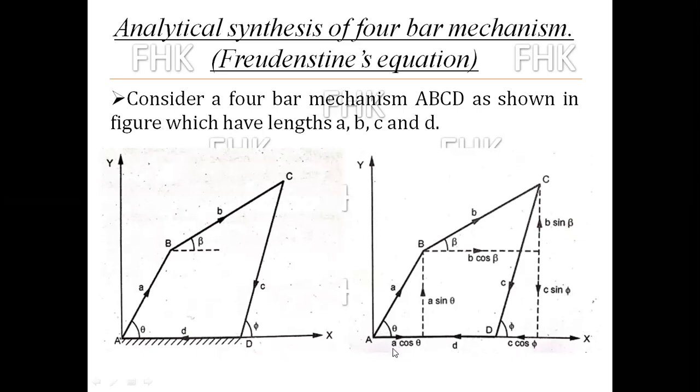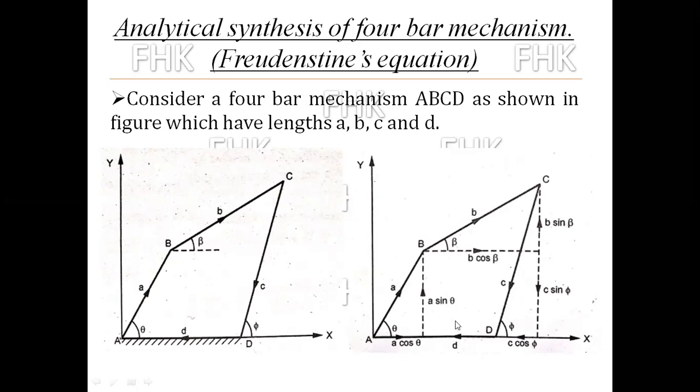Okay. So a cos theta plus, this is the horizontal component, b cos beta, minus c cos phi, minus d.